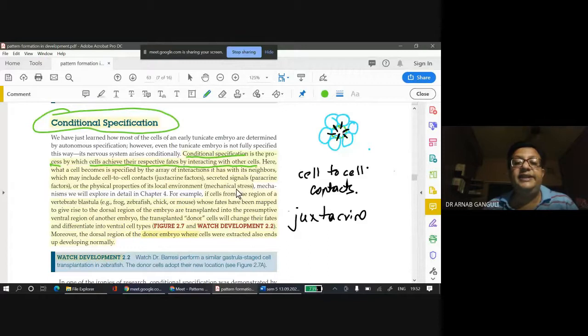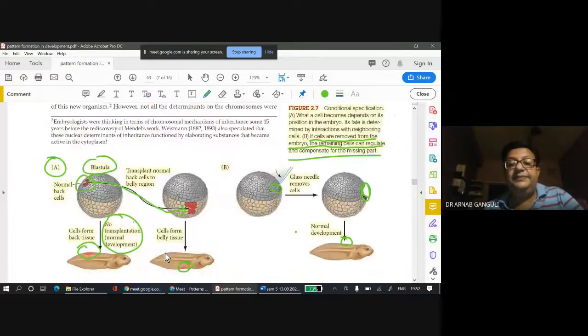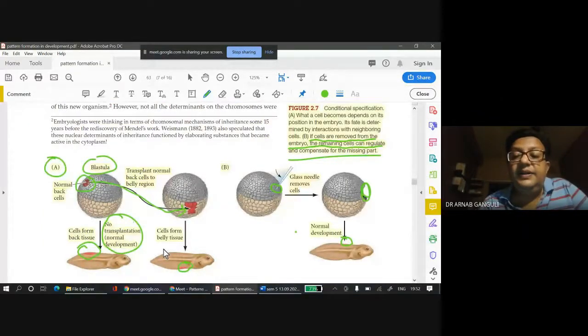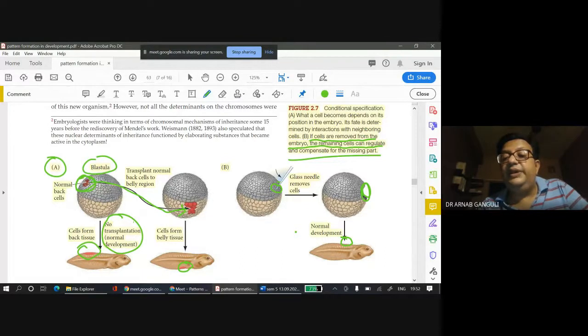Juxtacrine factor, secreted signals. So if, for example, this region, this red region, is removed, surrounding cells compensate that region and they form those cells. Because one or two cells have these conditional determinants or morphogenetic determinants. They will work hard and they will make this thing perfect.